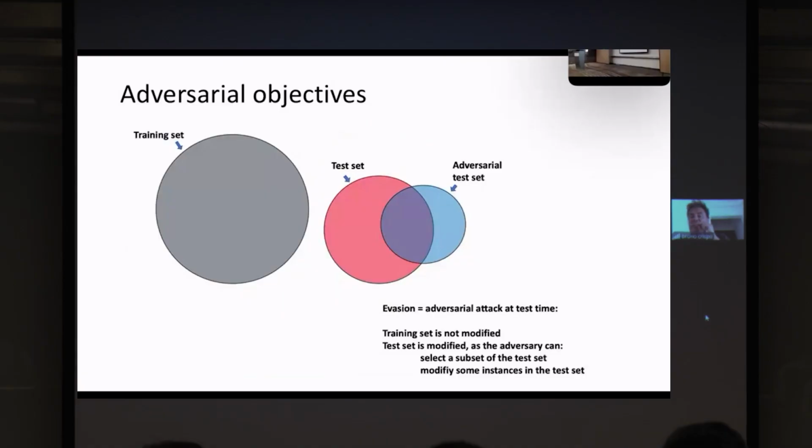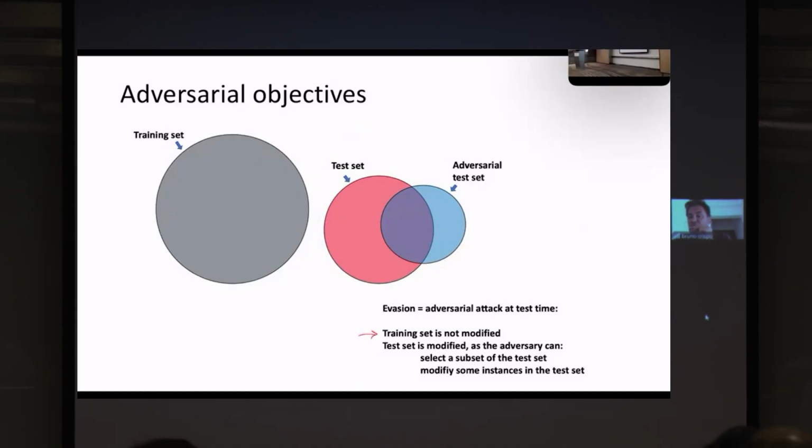With the evasion attack, as I said, what is the objective of the adversary? Essentially it is to evade detection. It doesn't touch the training set, so it will not operate during training, but it will operate at inference time. And it can do the evasion trying two strategies.